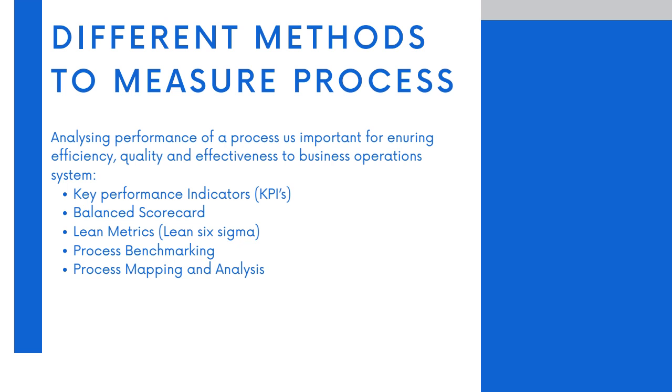measure our processes. And some of the Lean Six Sigma principles is value stream mapping, which is basically a tool that we use to visualize the flow of materials, even information, throughout your manufacturing process.